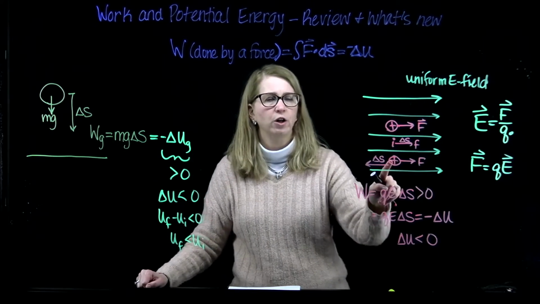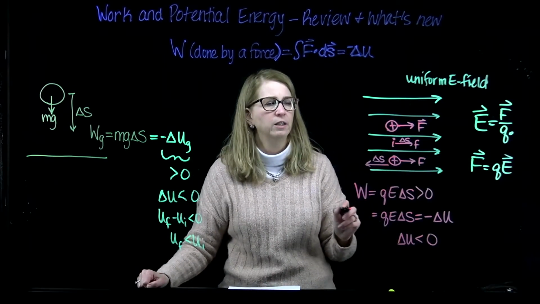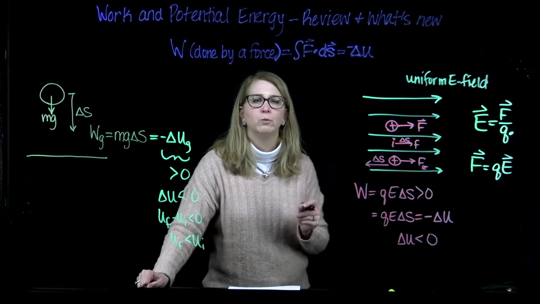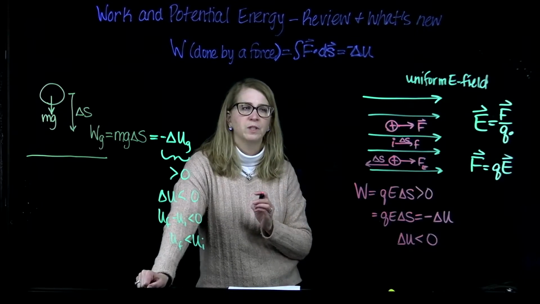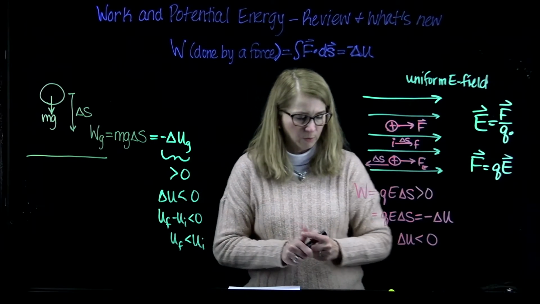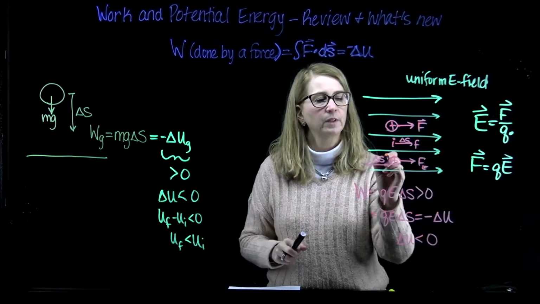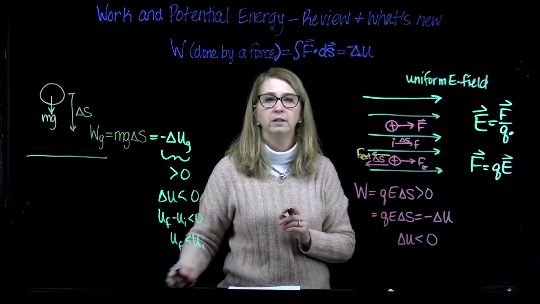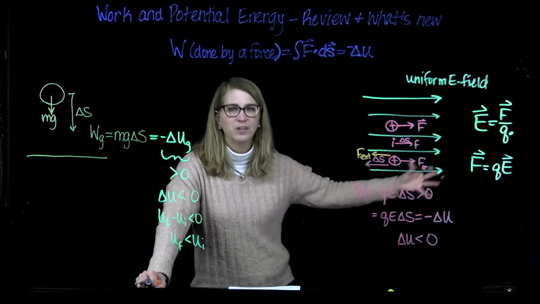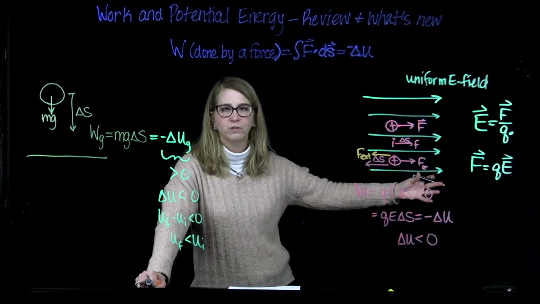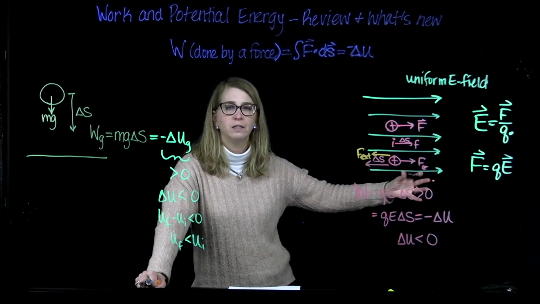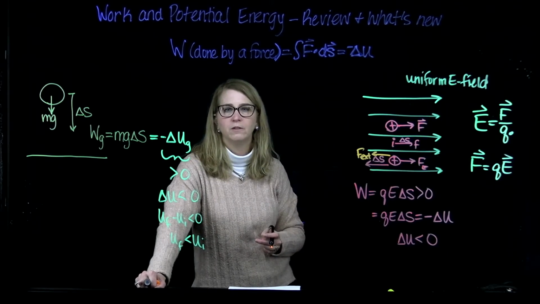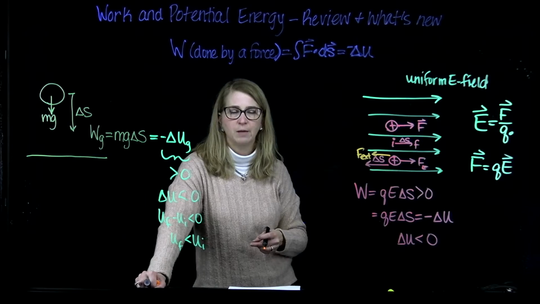If I place my positive charge in the electric field, will it be able to move to the left? The only way that it's going to move to the left is if I have some external force acting on it, because its natural inclination would be to feel the force of the electric field and move to the right. If it moved to the left, there must be some sort of external force to make that happen.